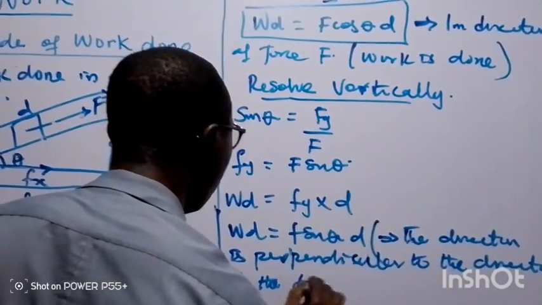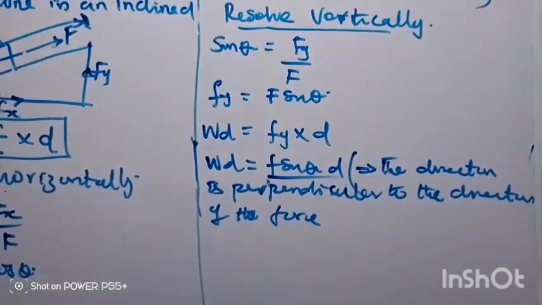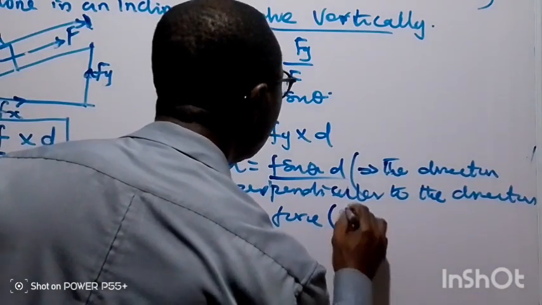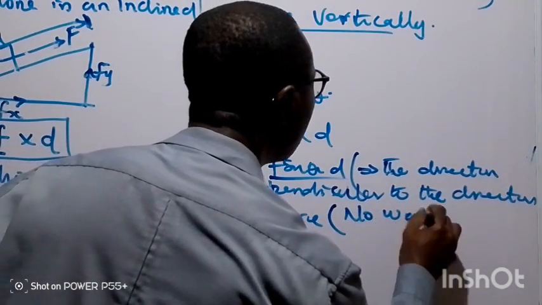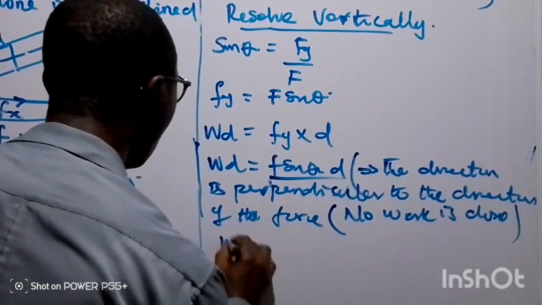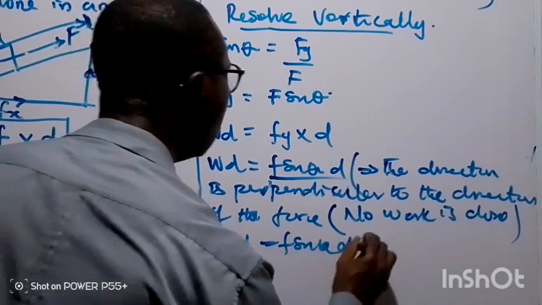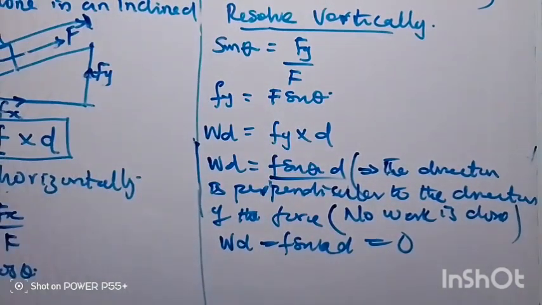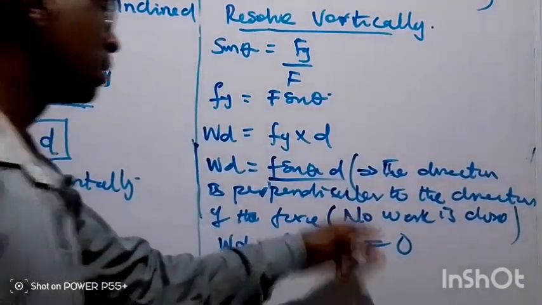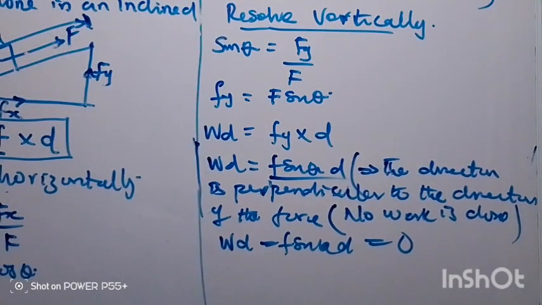This one is perpendicular to the direction of the force. Therefore, we can now say no work is done. Or in another way, work done is equal to F sine theta D equal to 0. That is, it must be in the direction of the force, and this one is perpendicular, not in the direction of the force. So the work done on the vertical component is equal to 0.